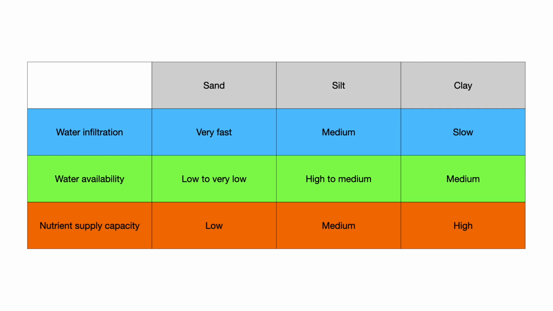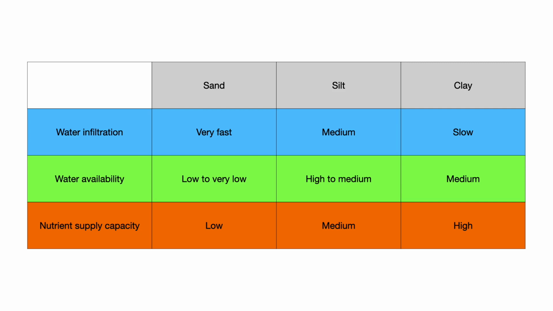And then when we look at clay, water infiltration is slow. It's really hard for water to get into clay. And because of that, it's really hard for it to get out as well, by the way. So that's how you end up with very soggy soil and boggy areas, right? All this clay just holds the water together, and holding this water together makes the water less available compared to a silt particle, right?